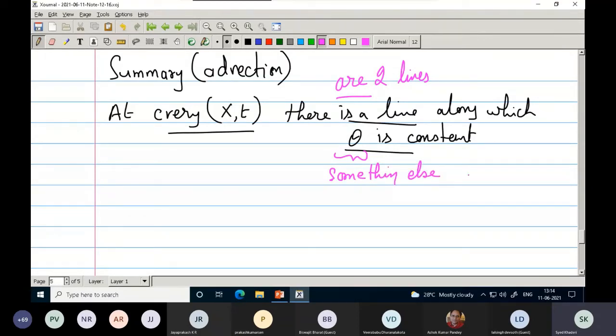Because there are two lines, there should be two constants. So this is the difference between advection and the wave equation problems.